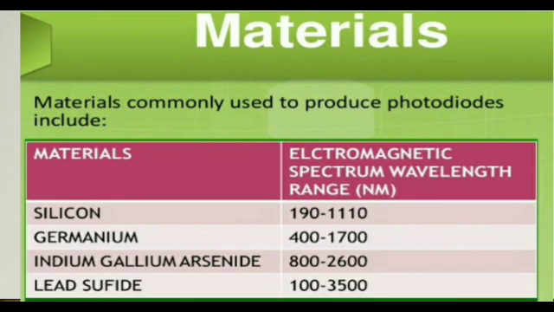Materials. For making photodiodes, the commonly used materials are silicon, with a wavelength range in nanometers of 190 to 1110; germanium, 400 to 1700; indium gallium arsenide, 800 to 2600; and lead sulfide, 1000 to 3500.